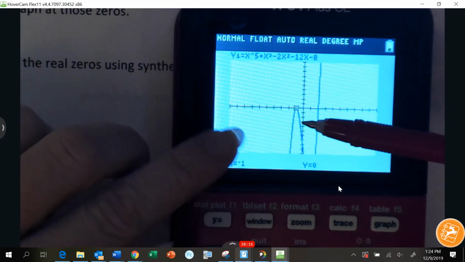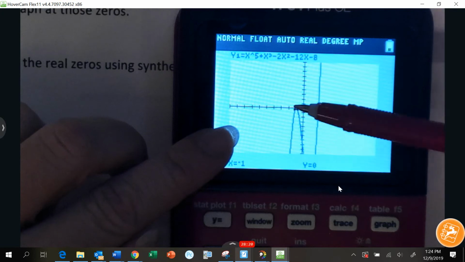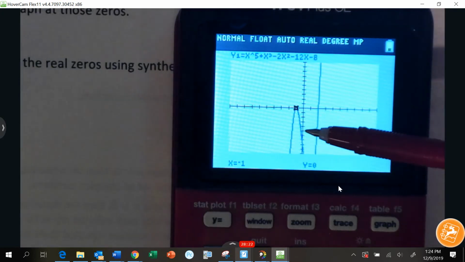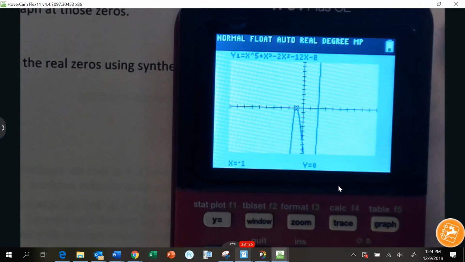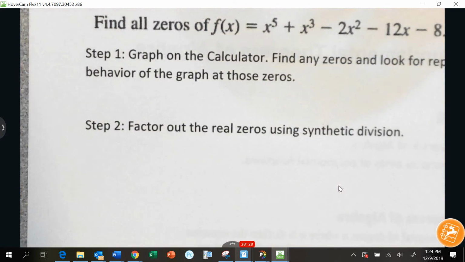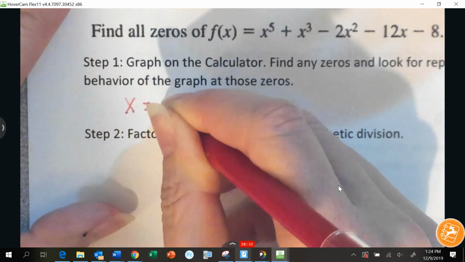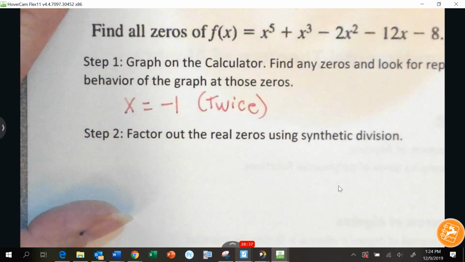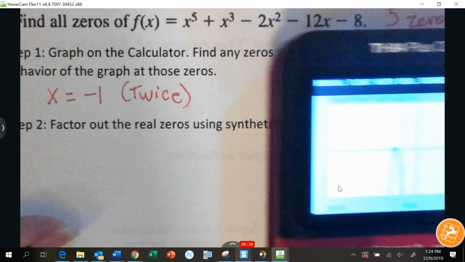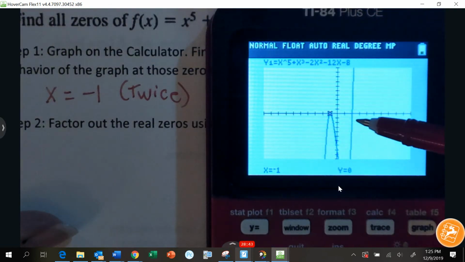However, what is the behavior at this 0? What does that mean about how many there are? There should be a multiplicity of 2. So we're going to guess, and this is a guess right now, that x equals -1 twice. And then, what's this other x-intercept, do you think? 2?